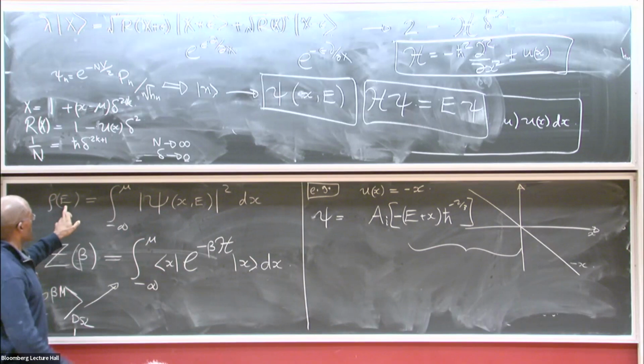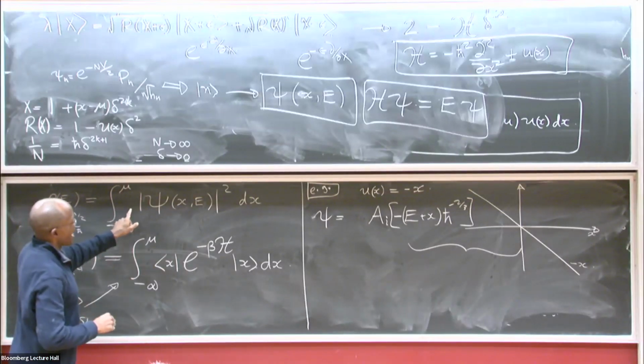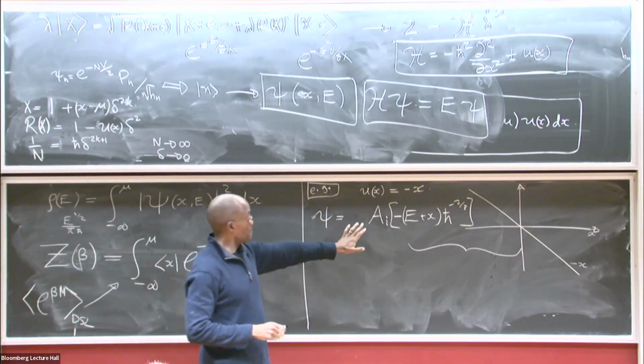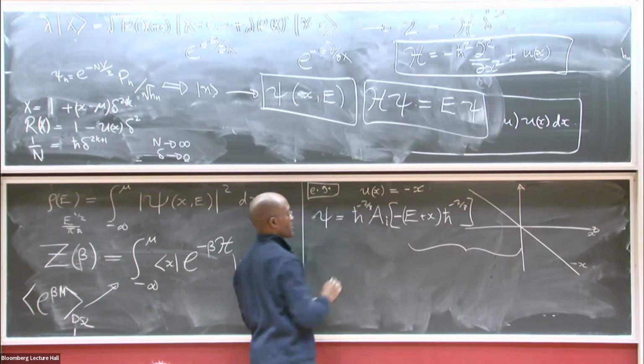And then this must be, when the dust settles, it turns out to be e to the half over pi h bar. That fixes what this normalization is. And that turns out to be h bar to the n minus 2/3, I think.